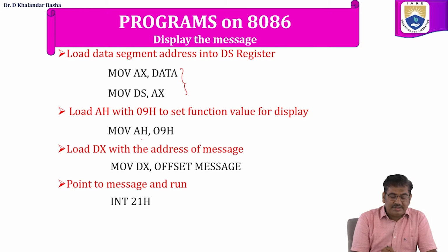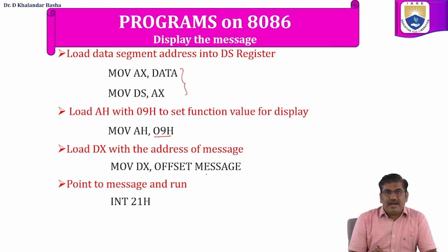Next, MOV AH, 09H. For displaying messages on the CRT, we have to enable the function with the corresponding value 09H, which we load into the AH register. So we load the AH register with 09H to set the function value for displaying the message.